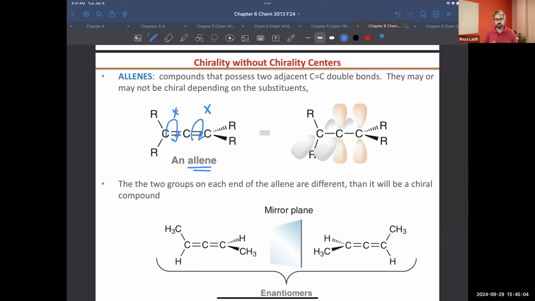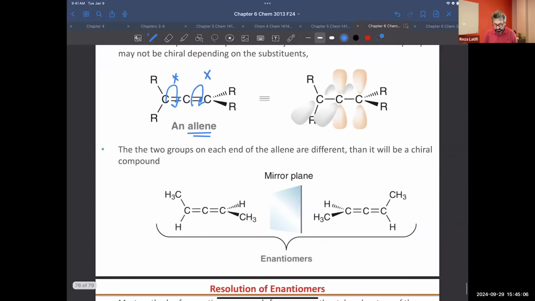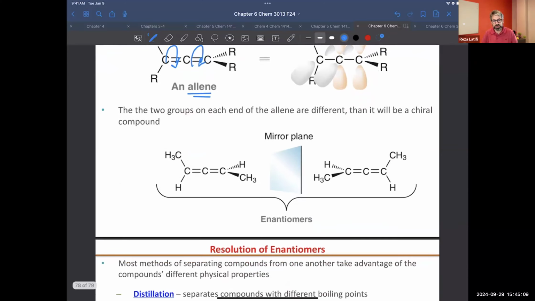So that carbon is locked. Now, if you try to draw a mirror image of it, you will see that in this position you're going to have hydrogen, and in this position you're going to have methyl. Are they mirror images of each other? Yes, they are.